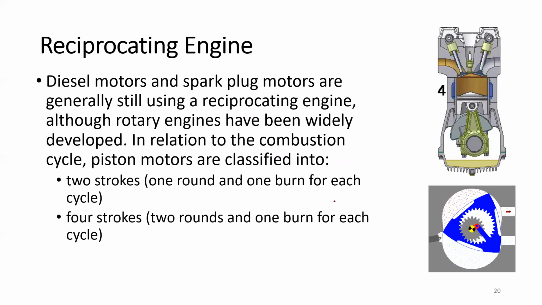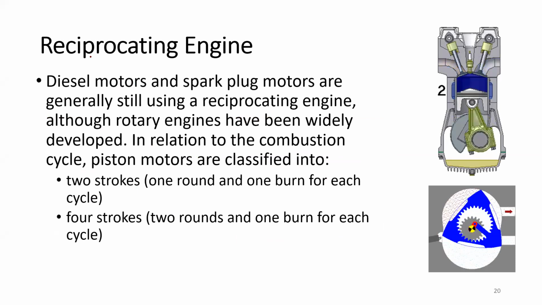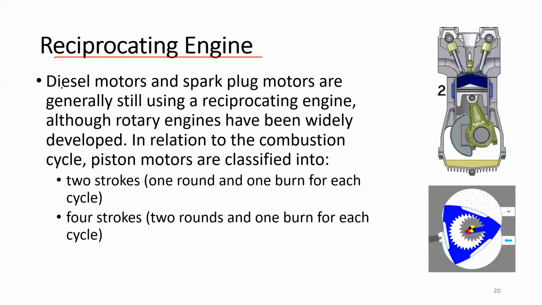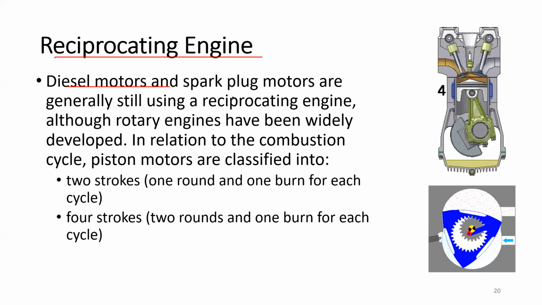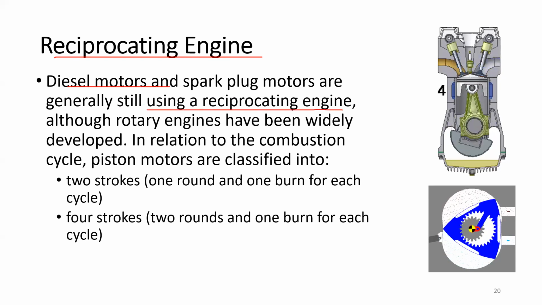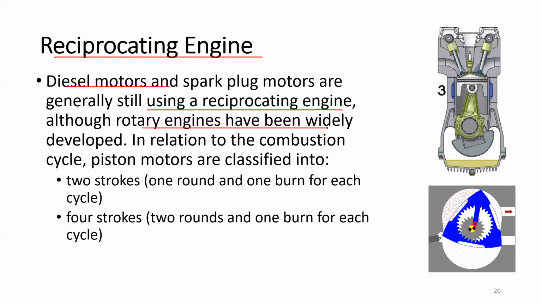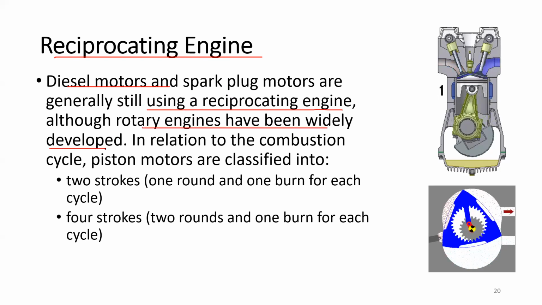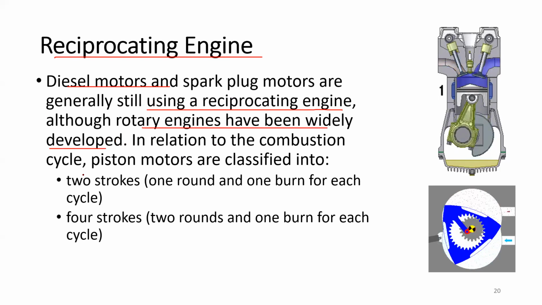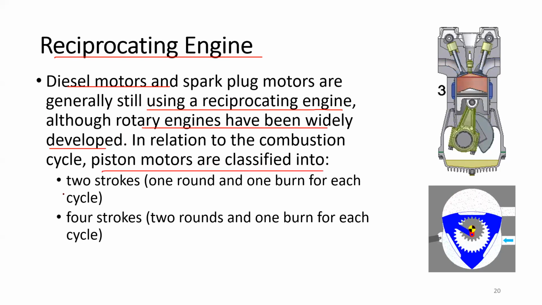Okay, so the next one is the reciprocating engine. The diesel motor and the spark plug motor generally still use a reciprocating engine, although rotary engines have been widely developed, as I think Pak Miki also already mentioned. In relation to the combustion cycle, piston motors are classified into 2 types.